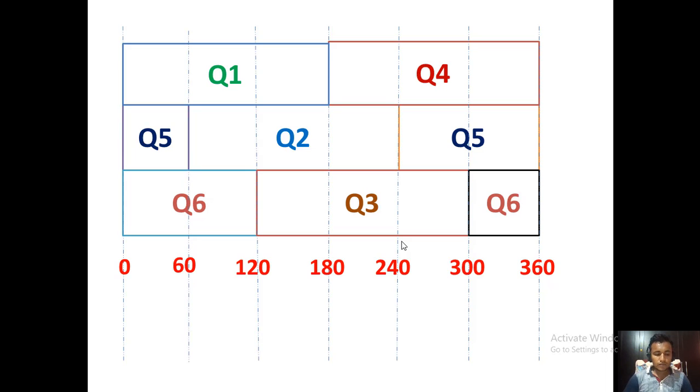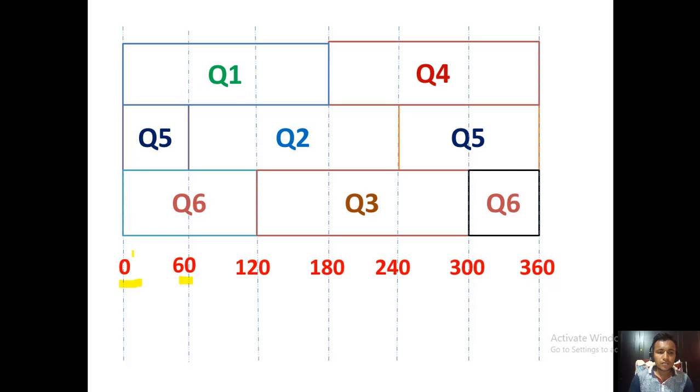In this waveform you can see mode 1 is 0 to 60 degrees, then mode 2 is 60 to 120, then 180, 240, 300 and 360.